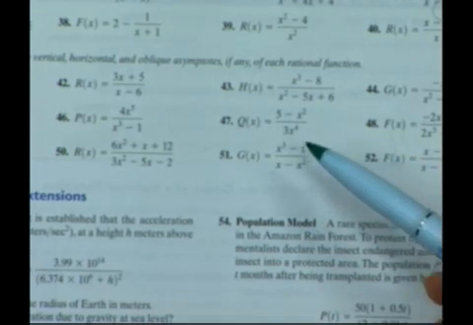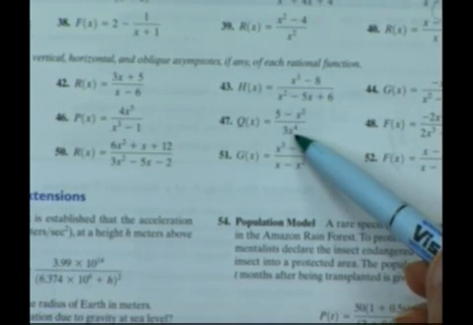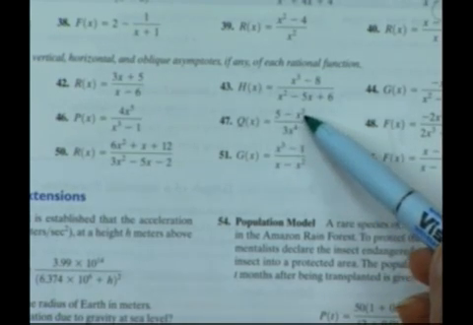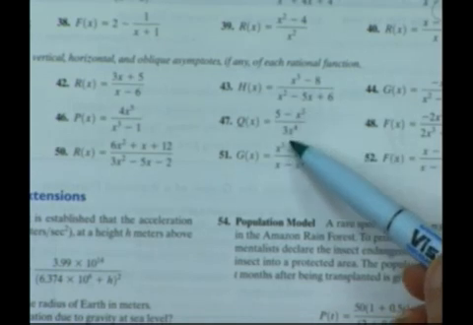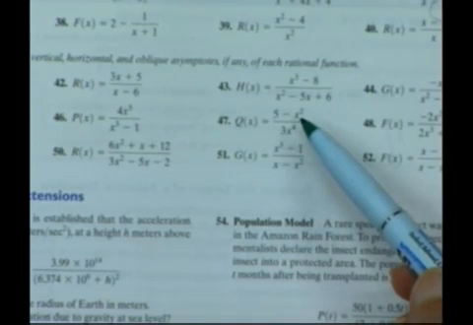For horizontal, the degree of the numerator is less than the degree of the denominator. So what does that mean you do to find your horizontal asymptote?